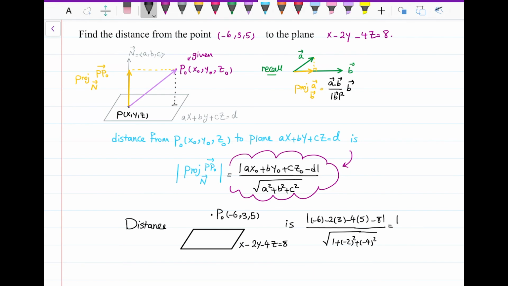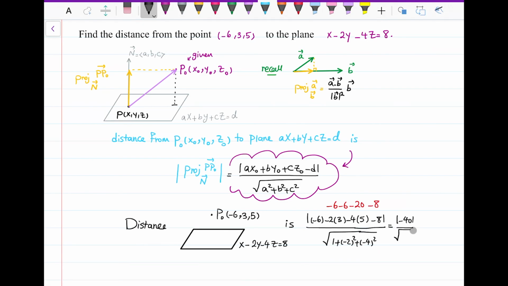So if I simplify that, I get what? I get -6 minus 6 minus 20 minus 8. So this is -40. So I have -40 in here. Don't forget the absolute value because distance is always positive.